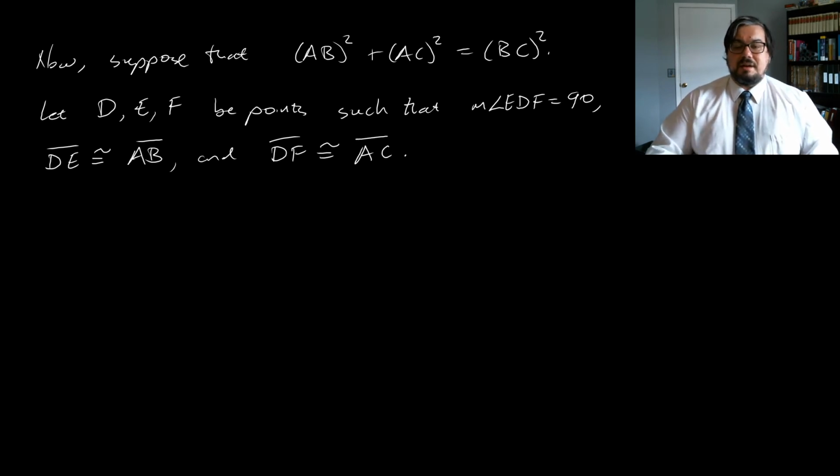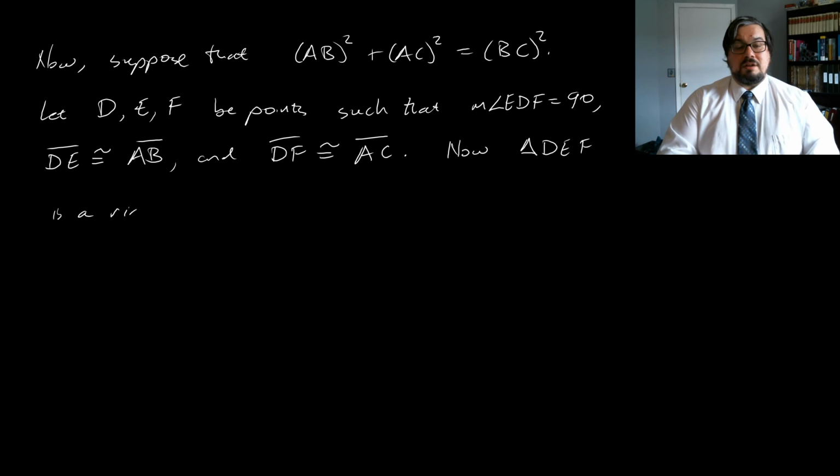So we can always do this. We can always construct points like this by the angle and segment construction theorems. So now, this means that triangle DEF is a right triangle.